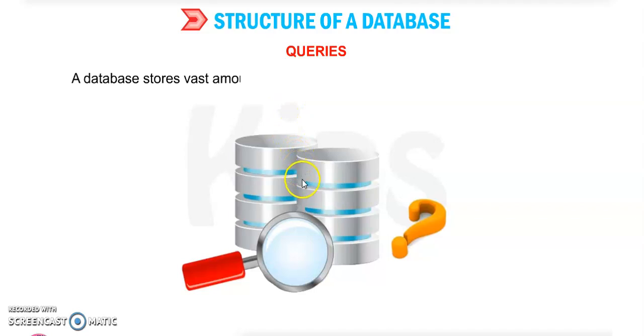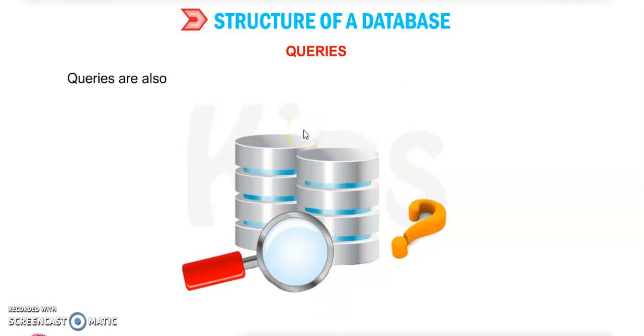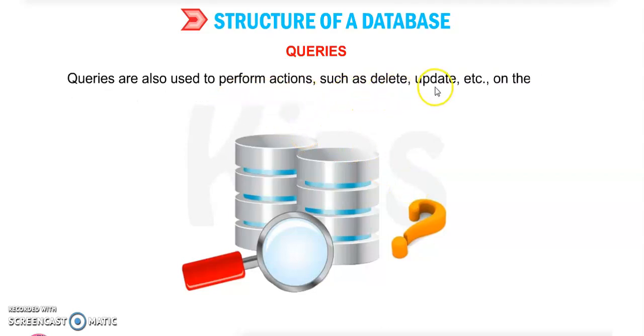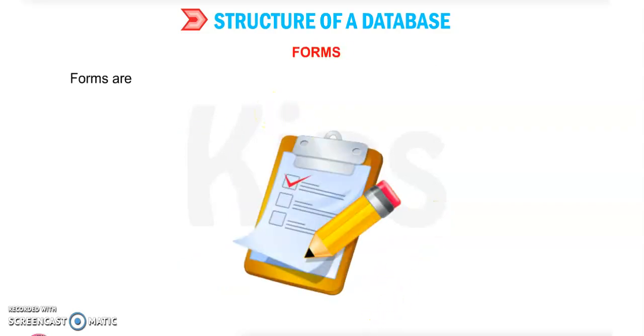So the next element of a structure in a database is queries. So what are queries? Databases store vast amounts of data, but queries help us to retrieve the filtered data based upon some conditions. Queries are also used to perform actions such as delete, update, etc. on the data based upon some criteria like conditions.